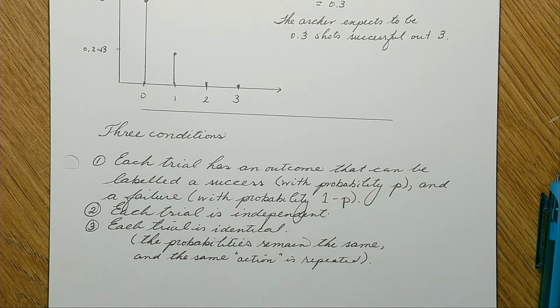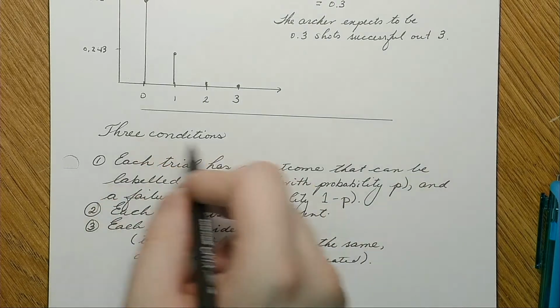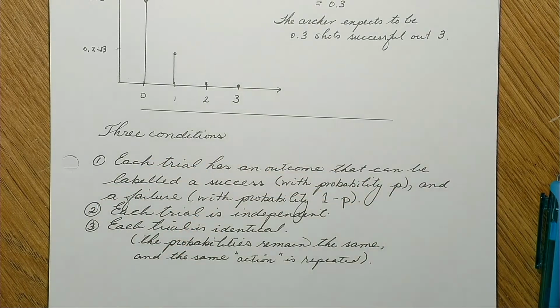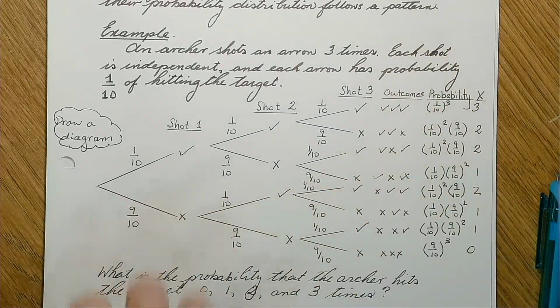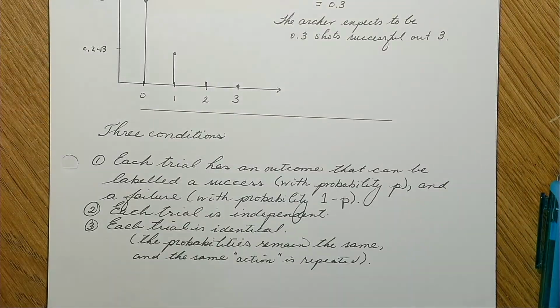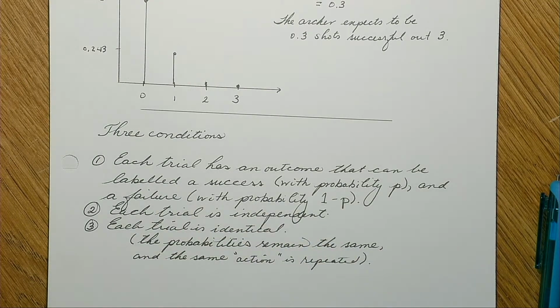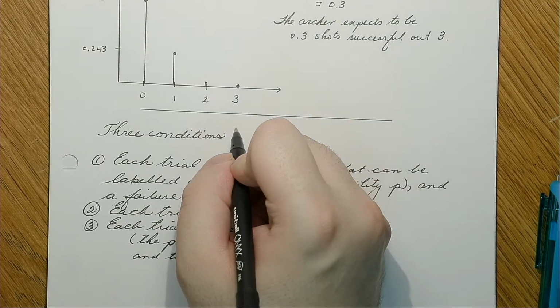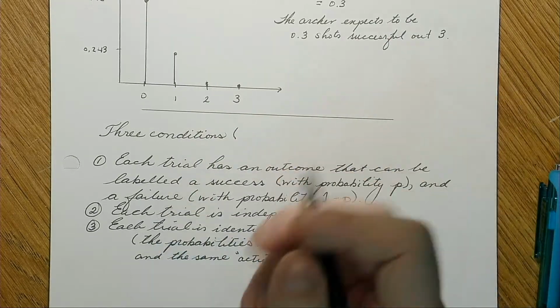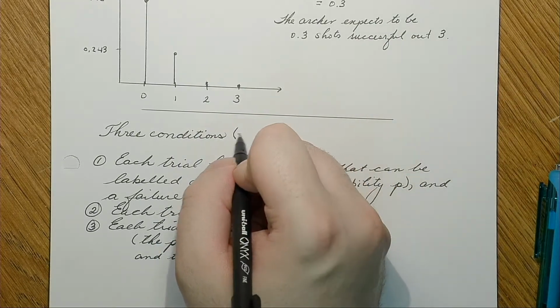Are these characteristics just for this case, or does every binomial distribution have these? That's the nice thing, these are the conditions. Not only was it for just this example with the archer, but these three things happen often enough that that's why we came up with the binomial distribution.